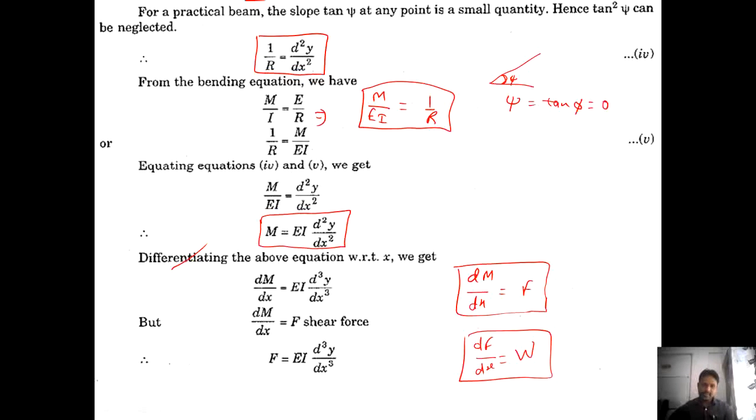So dM by dx is shear force, and dM by dx is EI d cube y by dx cube. So F equals EI d cube y by dx cube. This is the equation for shear force.